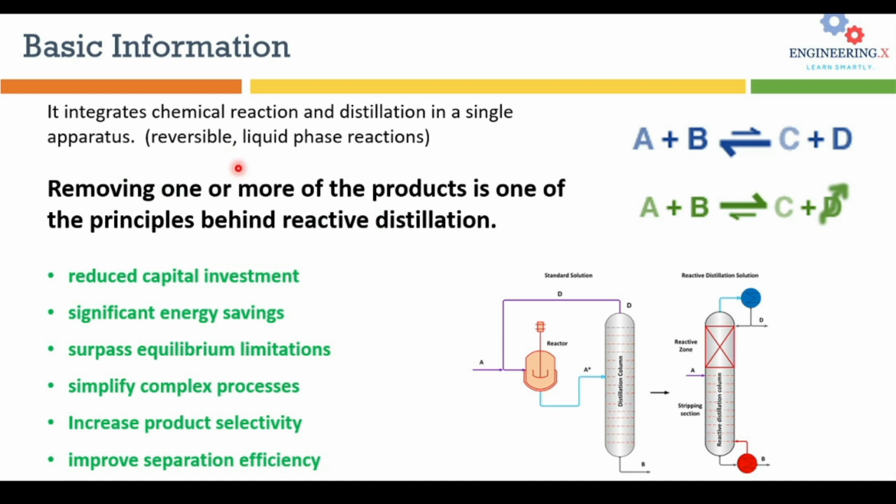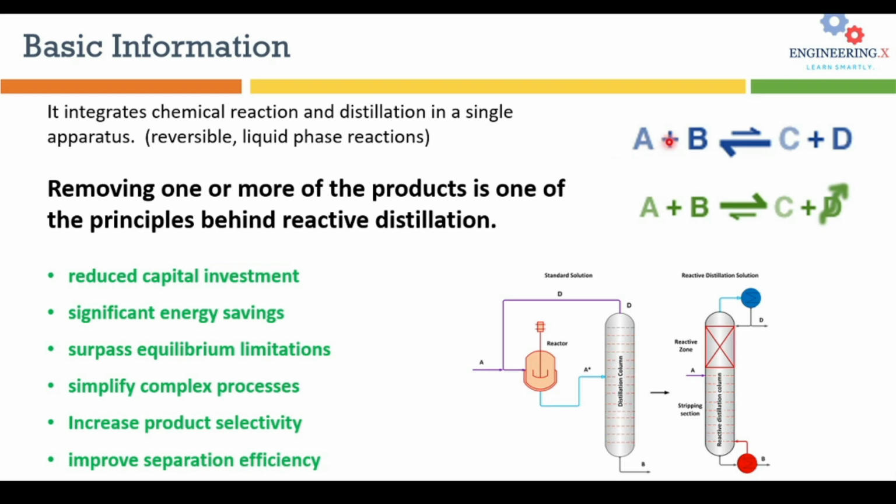For them, equilibrium conversion is very low. For example, if A reacts with B and then products C and D form, but after a little amount of C and D, they start to react again and form back A and B. So the overall conversion of the products is very low.